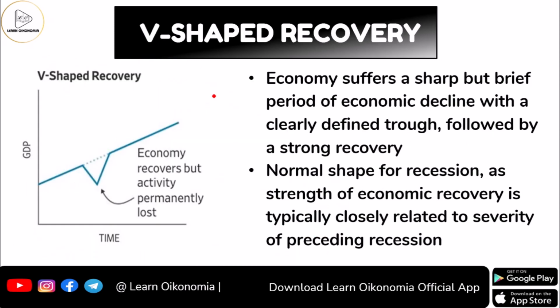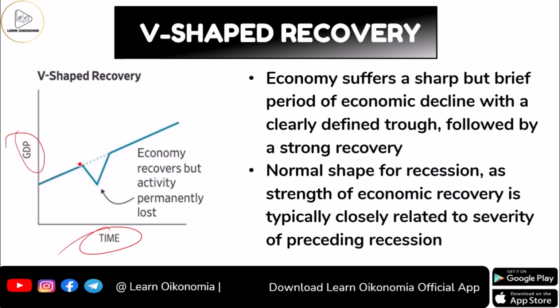Now, moving to the V-shaped recovery, here, as I've told you earlier, the economy would be recovering. Again, we measure time along the x-axis and GDP along the y-axis. The economy would be suffering a very sharp period of decline, and this is what is shown here.